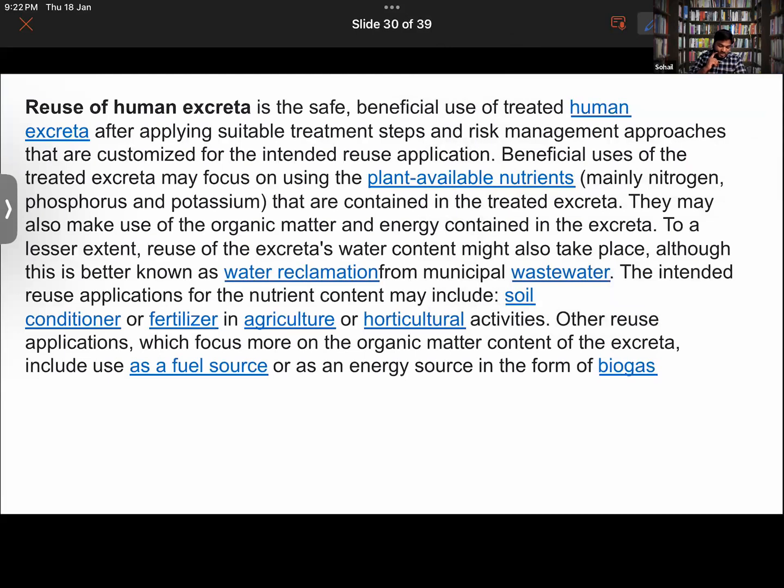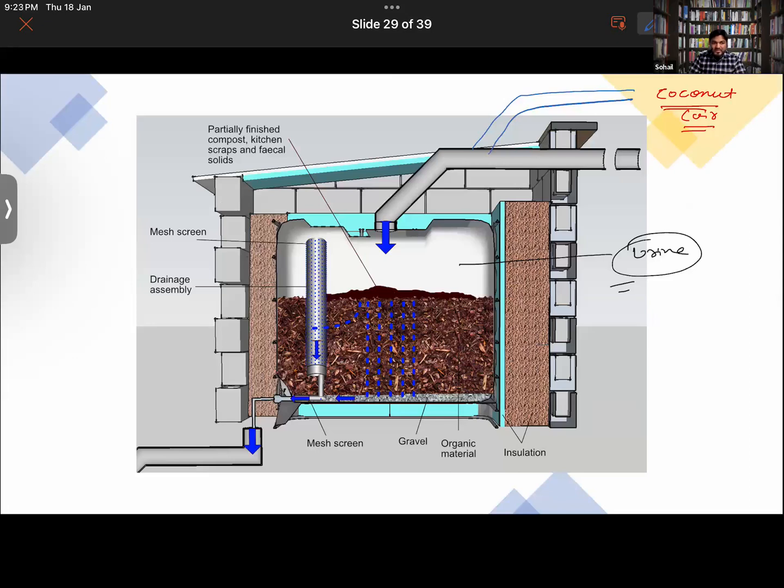We just studied about this thing. The reuse of human excreta is the safe, beneficial use of treated human excreta after applying suitable treatment steps and risk management approaches that are customized for the intended reuse application. So right now in this one, human excreta is being reused.